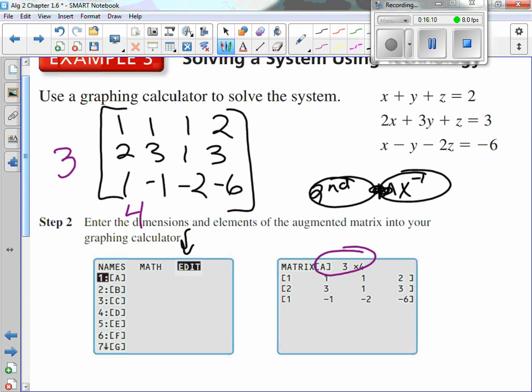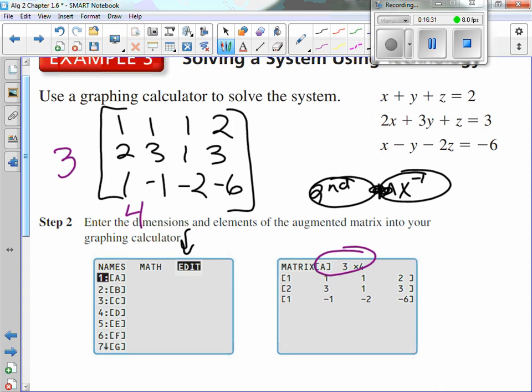Across the top, it should be 1, 1, 1, 2, 2, 3, 1, 3. Then 1, negative 1, negative 2, negative 6. When you do the negatives, make sure you do the negative button, not the minus button. You can hit enter after you put each number in and it'll just move on to the next one.